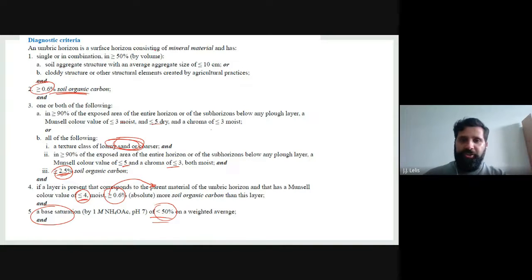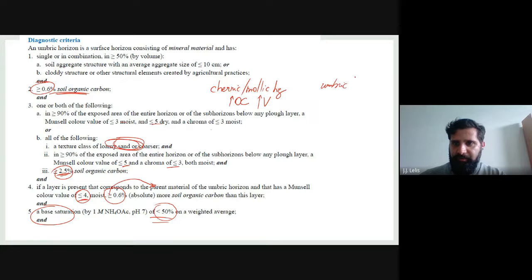So the chernic and the mollic horizons are related to a moderate to high organic carbon associated with a high base saturation. And the umbric horizon, in opposition, presents moderate to high organic carbon content and a low base saturation.